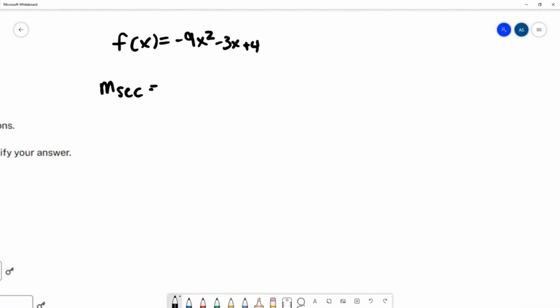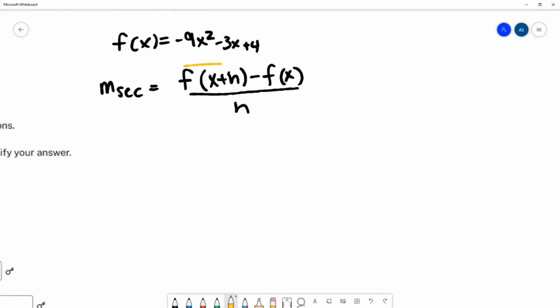The slope of the secant line in terms of x and h will be f of x plus h minus f of x over h. So as we calculate this, we'll focus on f of x plus h. That expression is going to be the same as f of x, except for everywhere we see an x, we're going to change it to x plus h.